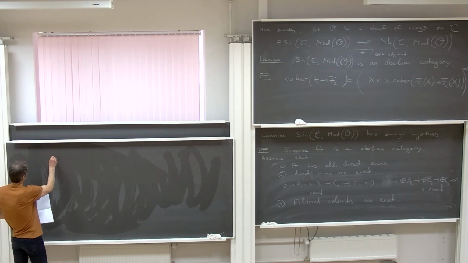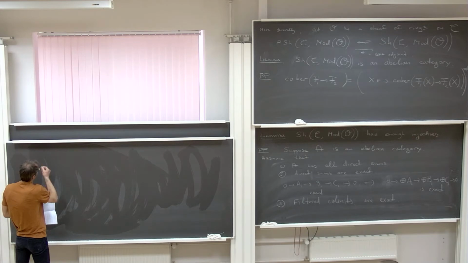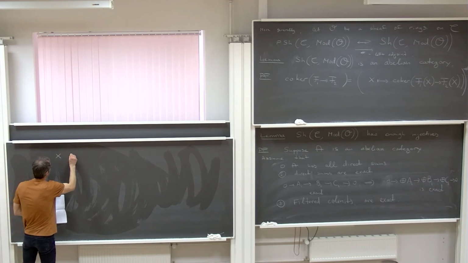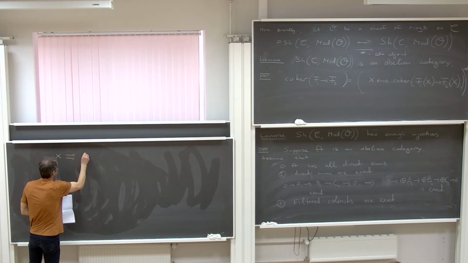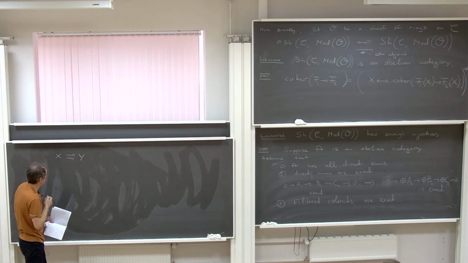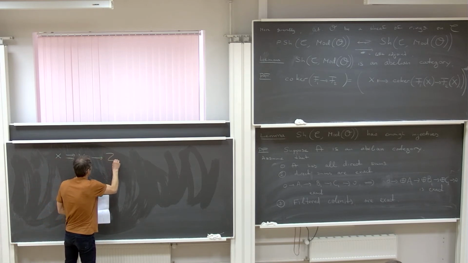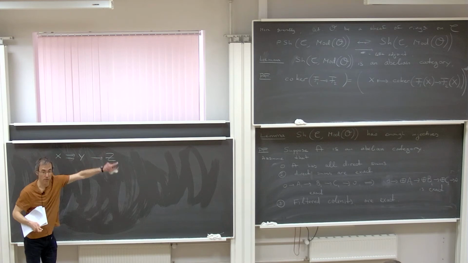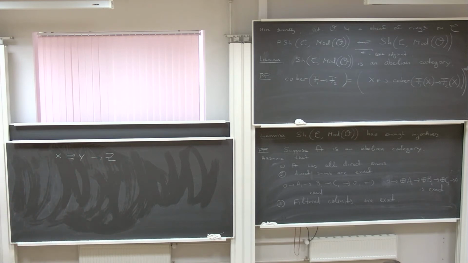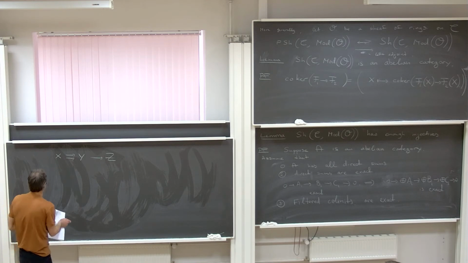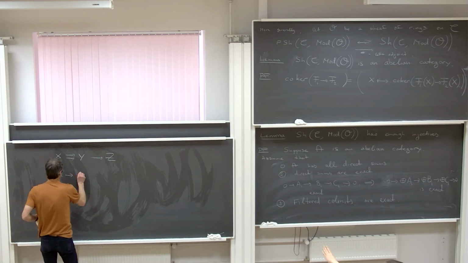One of the axioms is that if you have two objects and two arrows, then you can find another arrow such that the compositions are equal. So it's not too bad.